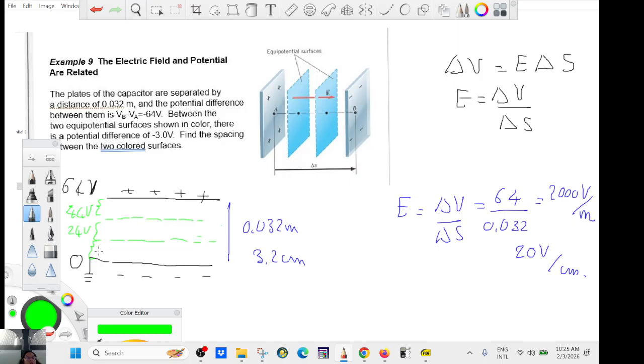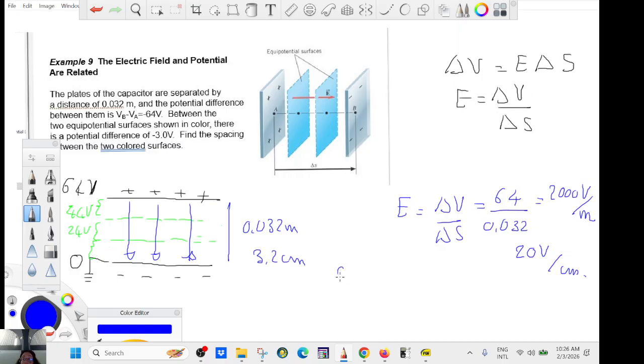You have to think of voltage like altitude, and you have to think of an electric field as the slope. It's the slope. So to answer the question, what did you find?